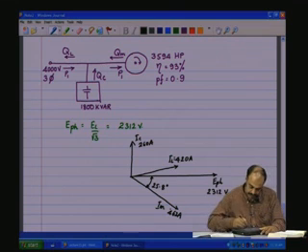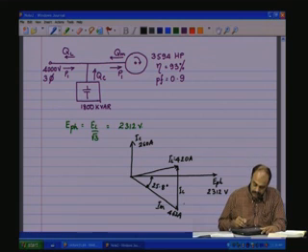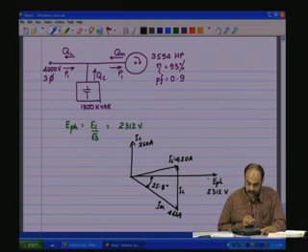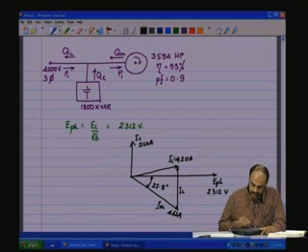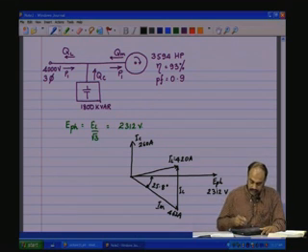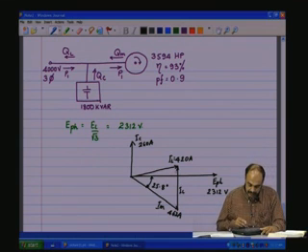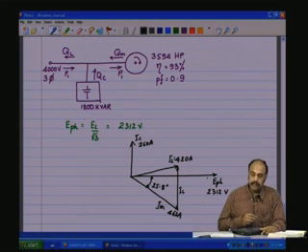IM plus IC will give you IL, and because of the reactive nature of IC, we see the improvement in the power factor, as we discussed earlier, and that makes it in phase. If we adjust the value of IC by adjusting the capacitive reactance, one could make it in phase.